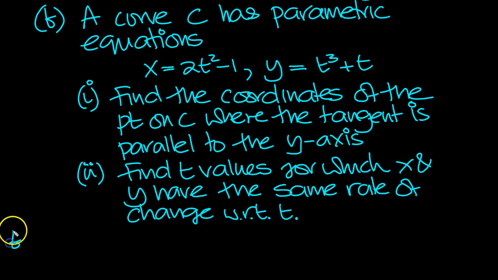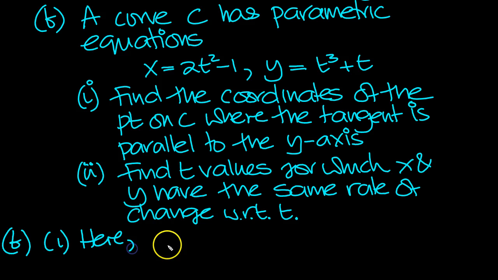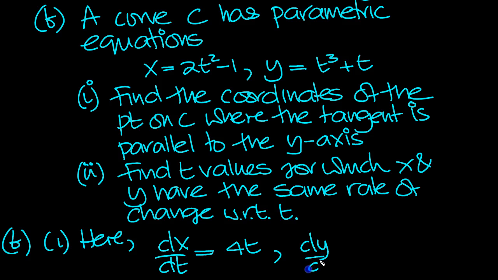So part 1. So here, dx dt then is going to equal, differentiate 4t, and the constant goes to nothing. dy dt, let's work that out, power rule, the 3 comes down, 3t squared, 1 less, and the t differentiates to 1, doesn't it?